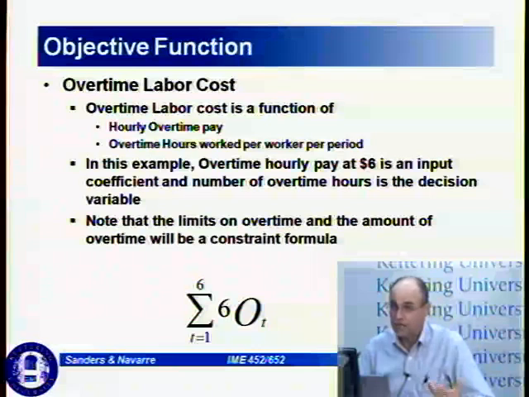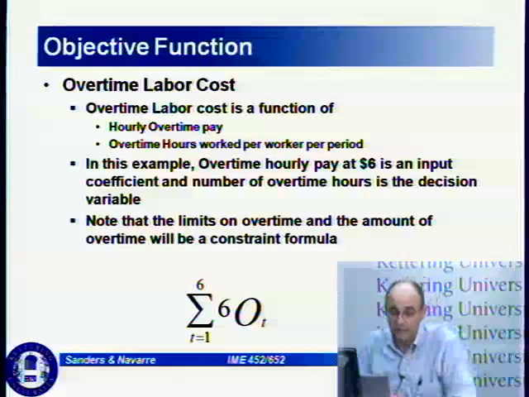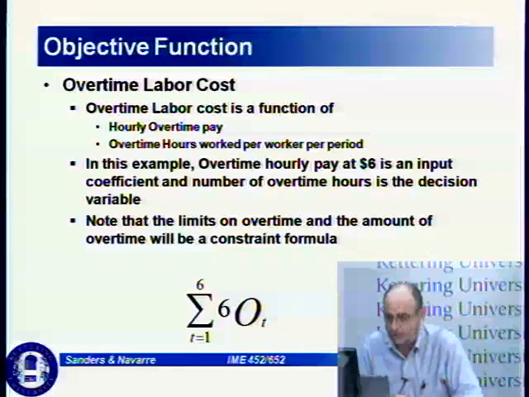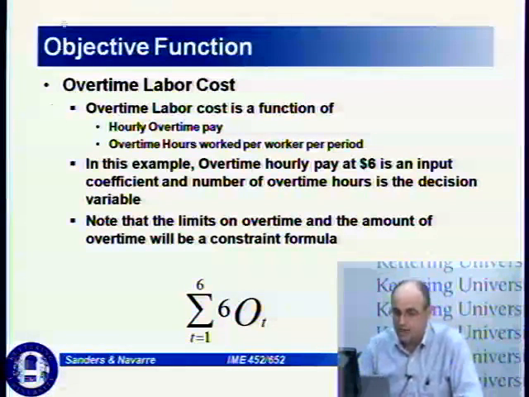So in Red Tomato, they've got a limit on the amount of overtime per week, and we'll total that up per month. And we'll calculate the amount of overtime as a constraint formula. So for calculating the overtime labor cost, we have $6 per hour multiplied by the amount of overtime hours.